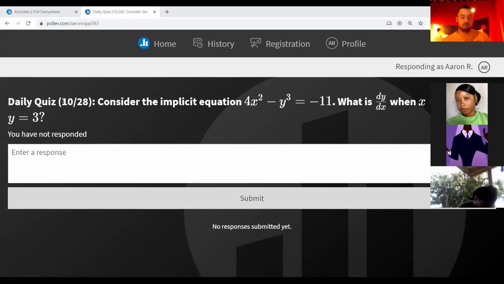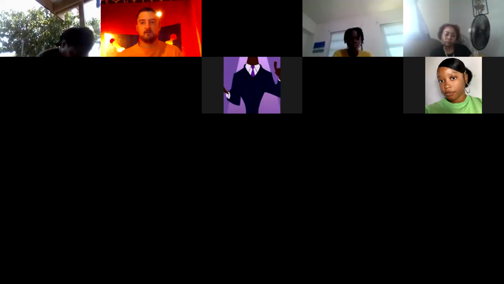So there's the question. Consider the implicit equation x squared minus y cubed equals negative 11. Want to find what dy over dx is when x is 2 and y is 3. I'll give you all a few minutes to do it.